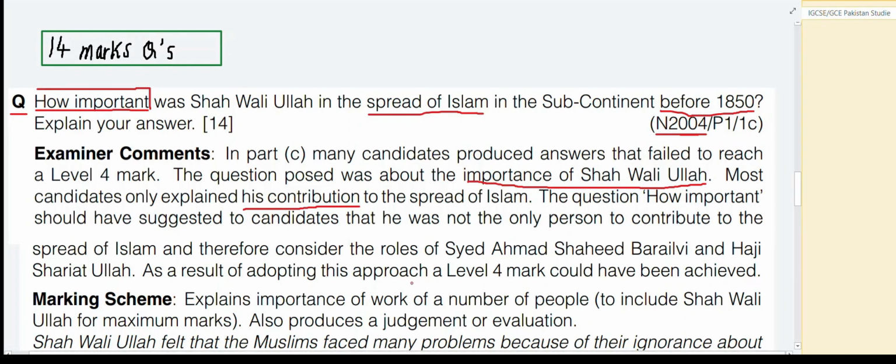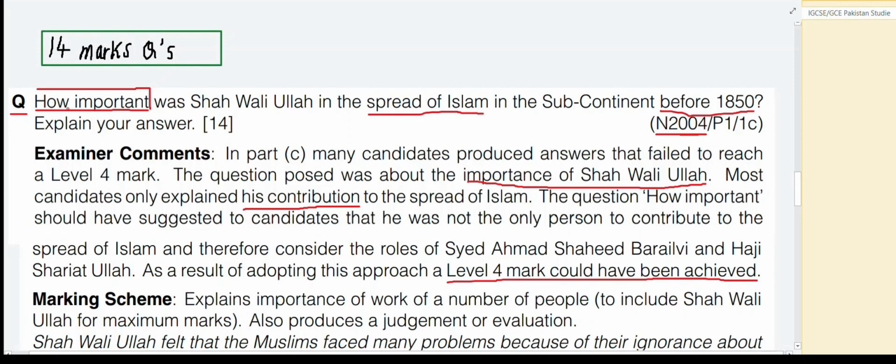As a result of adopting this approach, a level 4 mark could have been achieved. Remember, the question says before 1850, right? Before 1850, Shah Waliullah came, Sayyid Ahmad Shahid Brelvi came, and Haji Shariatullah. So we are required to write about all these three reformers.